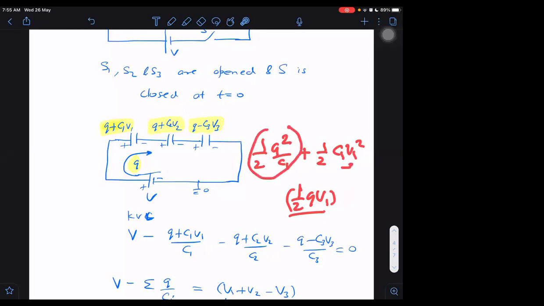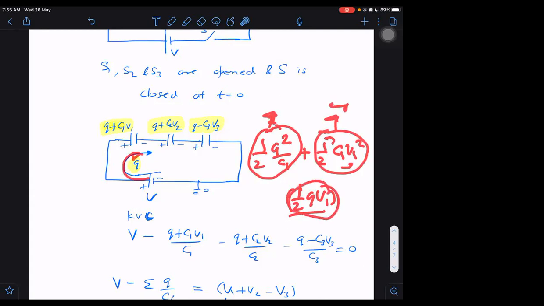The first term is representing the energy contribution due to the charge Q. The second term is representing the initial energy, the initial charge.